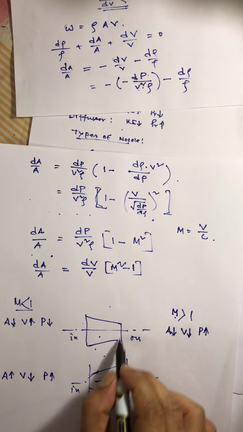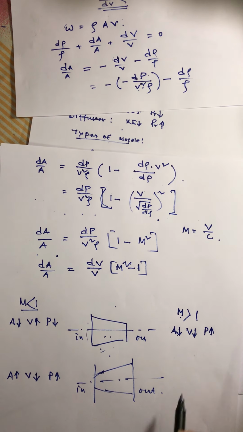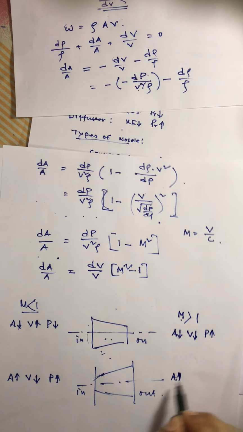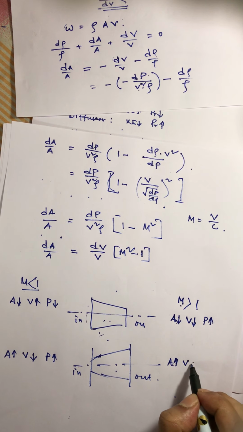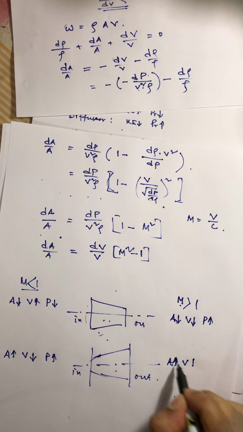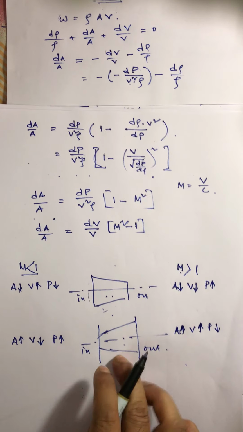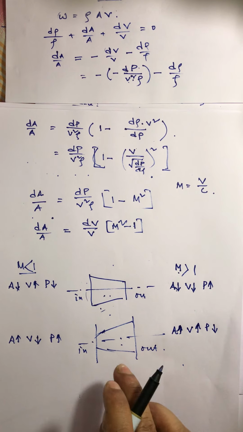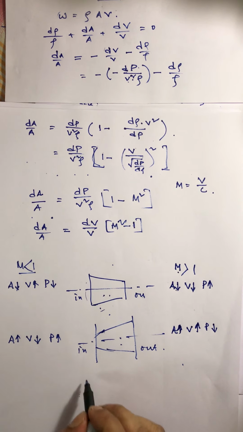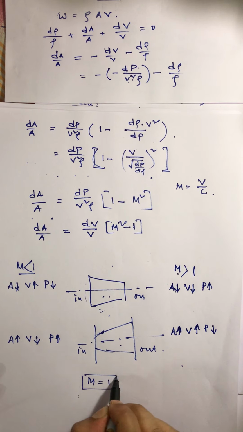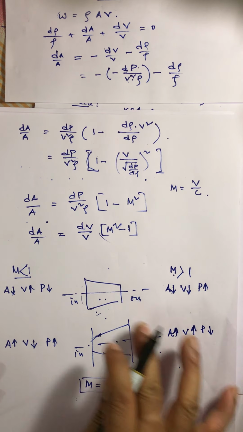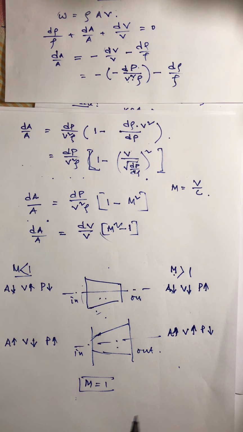So, a convergent passage acts as a diffuser, and when A is increasing, velocity is increasing and pressure is decreasing. So, a divergent passage acts as a nozzle. And when M is equal to 1, this becomes 0. So, there will be no effect of cross section area. That means there is no change of velocity with respect to change of flow area.